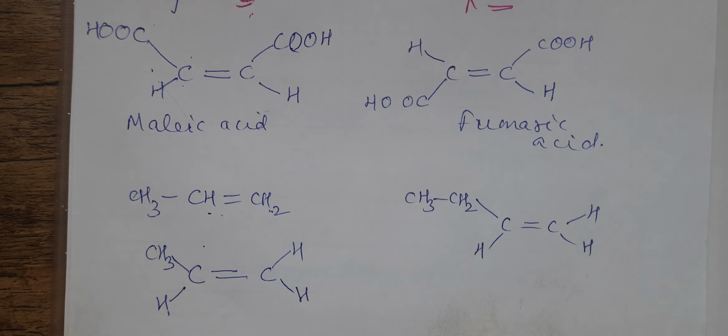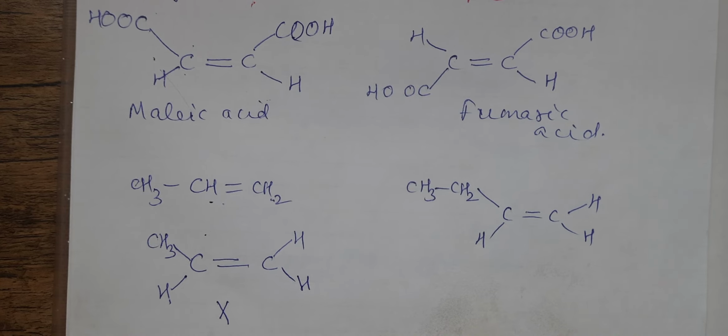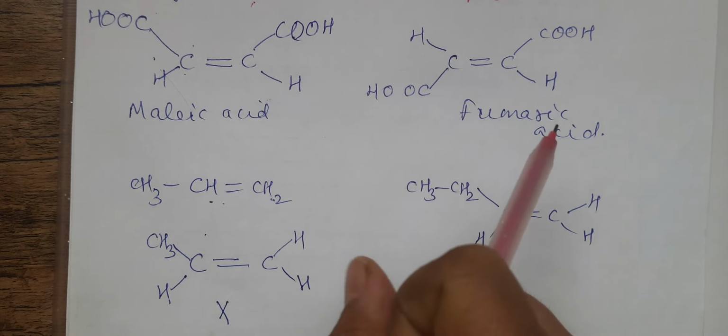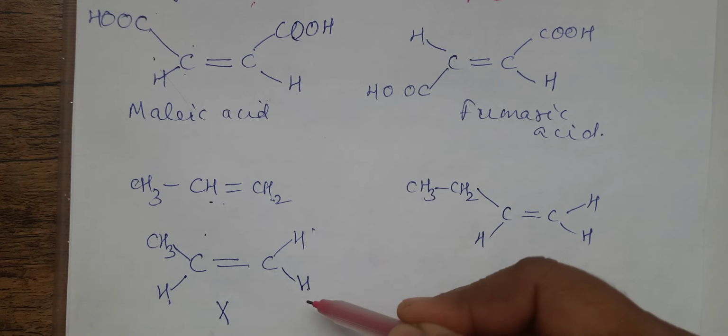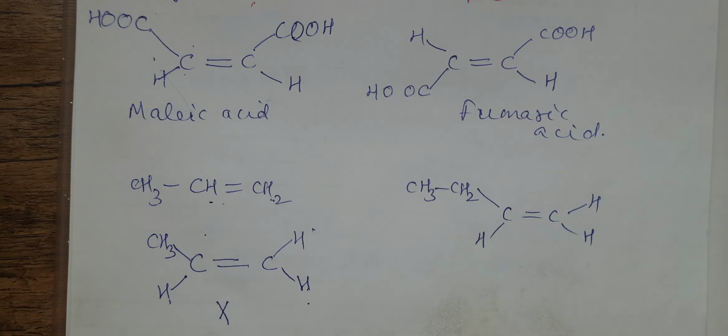So will this exhibit cis and trans? For cis and trans, we normally keep one carbon fixed and change the positions on the other. No, it will not exhibit geometrical isomerism, because even if I flip this and bring this hydrogen here or here, it is not going to make a difference.